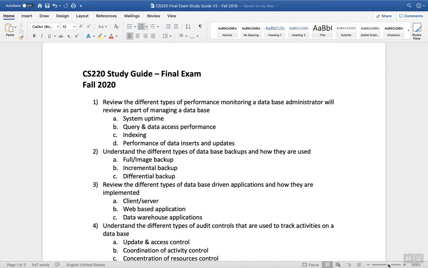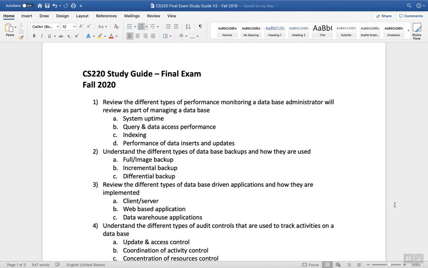We talked about indexing a little bit. That deals with performance. It's a technique we use to optimize performance and speed up accessing of data. The idea is you want to structure your indexing in such a way that you get the best possible speed results with the lowest amount of overhead.